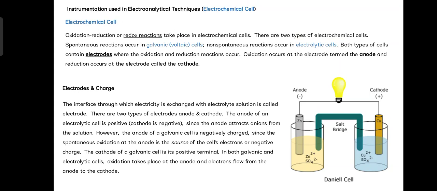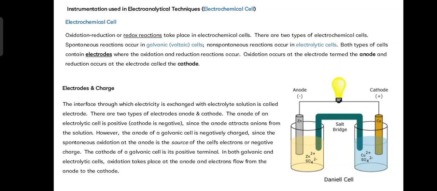The anode of an electrolytic cell is positive, so oxidation occurs at the anode, and the cathode is negative, where reduction occurs.